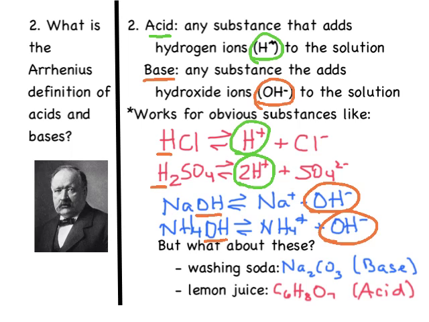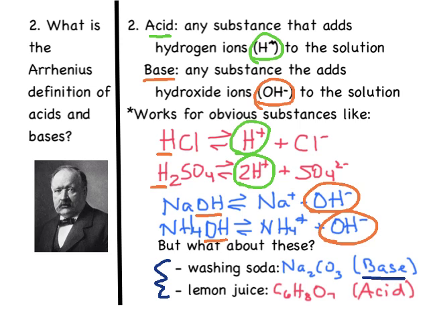So it works for those obvious substances, but what about the ones here on the bottom? These were some of the ones that we tested in our pH lab, but they're not obvious. Washing soda, Na2CO3, doesn't have any H's or OH's in it. However, according to our data, it indicated as a base.